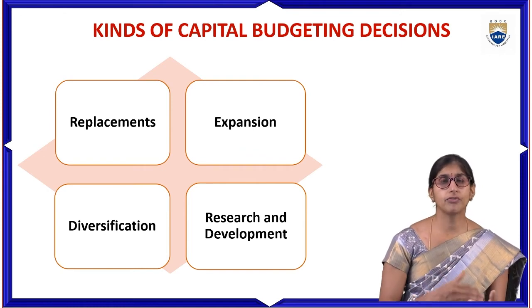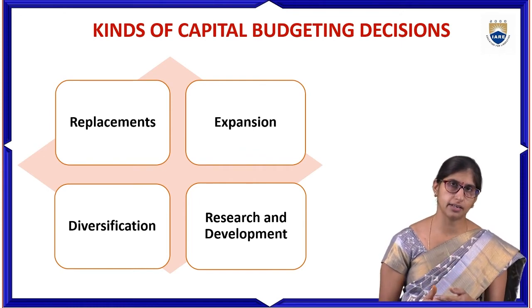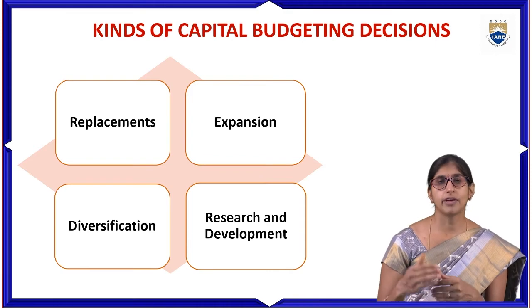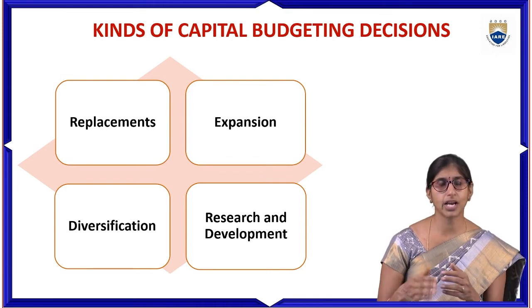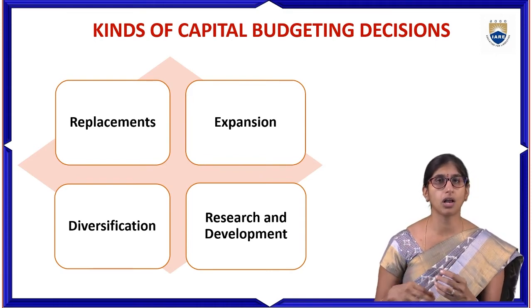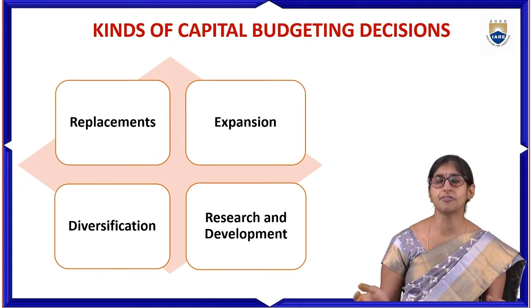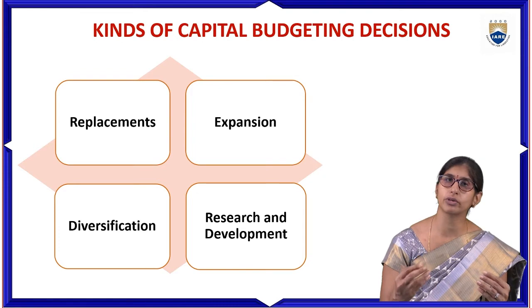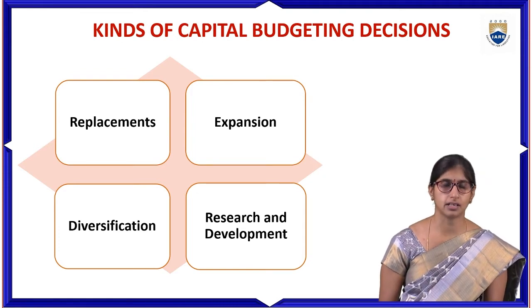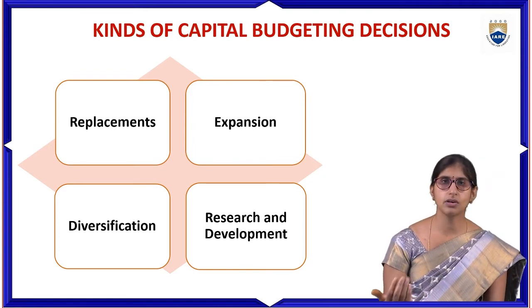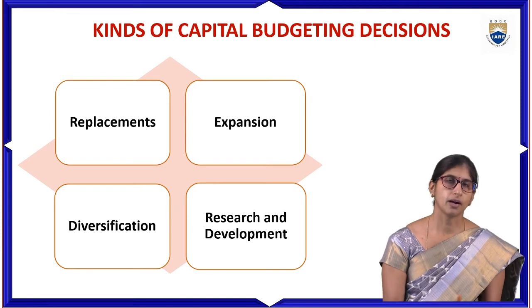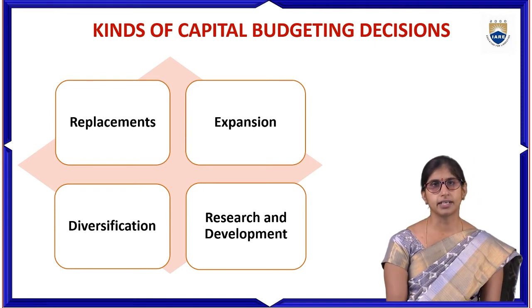So now we want to increase the marketing. When we want to increase the marketing, we are going to go all around and release the product in different markets so that we minimize the risk. So here also, this is one kind of capital budgeting decision.